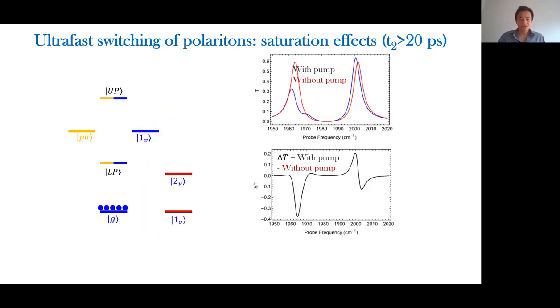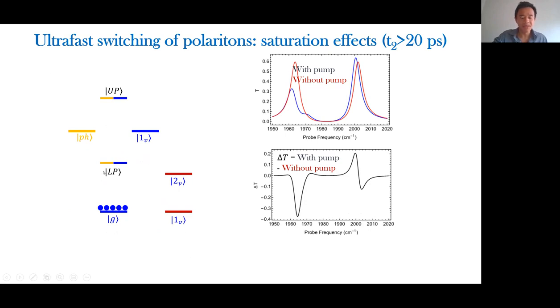Okay, so here is what my colleagues saw. So suppose at the beginning, just for purposes of illustration, you have, say, 5 molecules. Then you have a Rabi splitting that is proportional to the square root of 5 between the upper and lower polariton. So forget about this right-hand side.